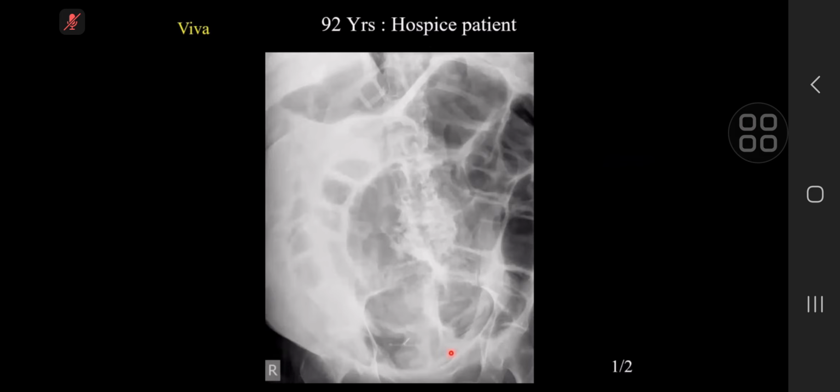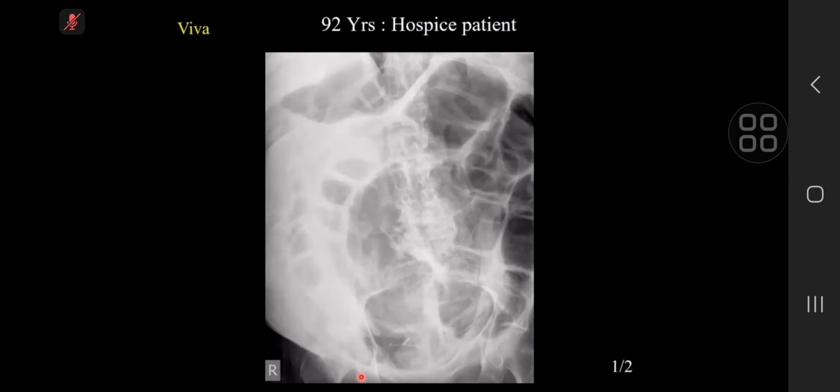Okay, so this is a frontal radiograph of the abdomen in a 92-year-old patient. There are multiple large dilated bowel loops with an abnormal position. There's a large tubular structure which projects to the left and lacks obstructions.